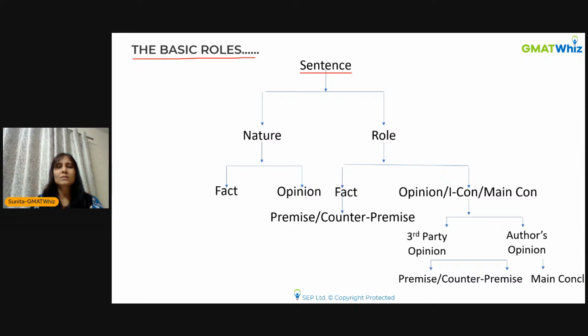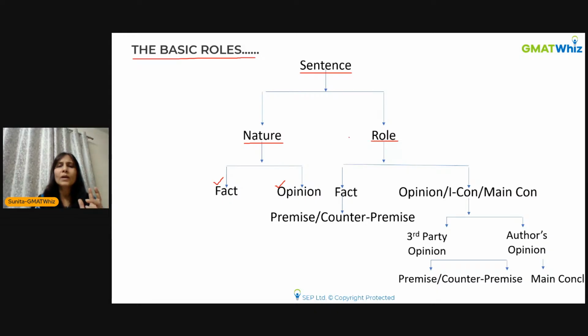There are two aspects to any given sentence: the nature of that sentence and the role of that sentence. What do we mean by nature? That statement could either be a fact or it could be an opinion. These are the two aspects of any given sentence that we should think about when we are reading the sentences on the boldface questions. Think a little bit about, is this statement a fact or is this statement an opinion?